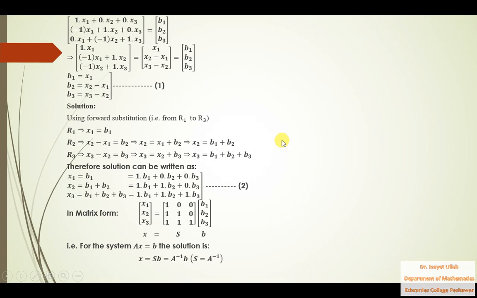Remember that whenever you find the solution of a system, it means you need to find the values of x1, x2, x3, or in some cases y1, y2, y3 if y's are given there, and the solution will be obtained by forward substitution.